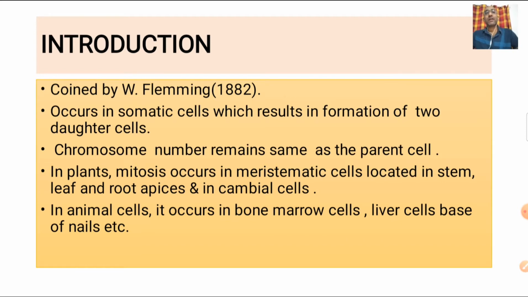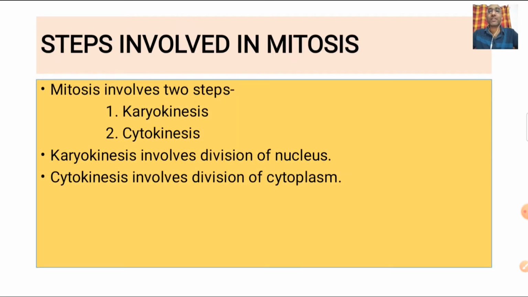As far as steps in mitosis are concerned, it is completed in two steps: one is karyokinesis and the second is cytokinesis. Karyokinesis is the division of the nucleus. After the nucleus has divided, the cell enters the cytokinesis phase, in which division of the cytoplasm occurs.